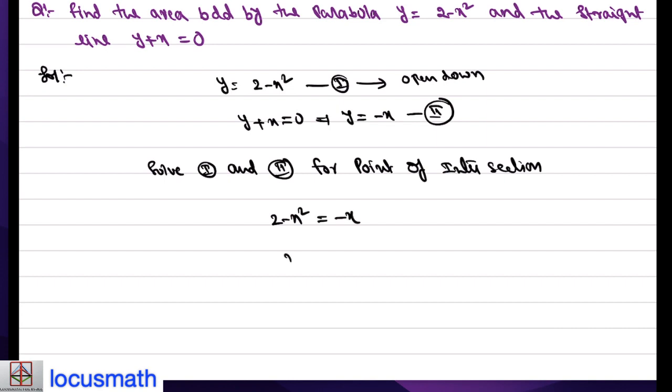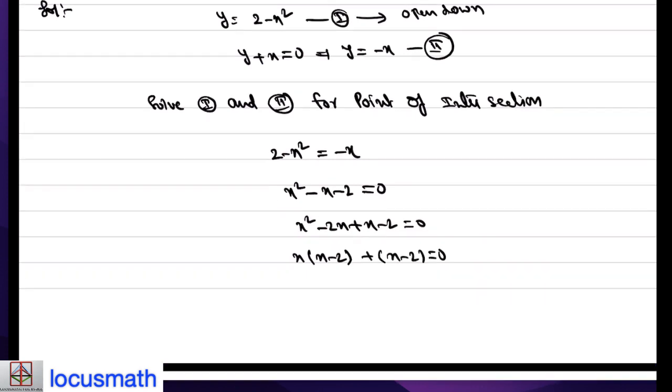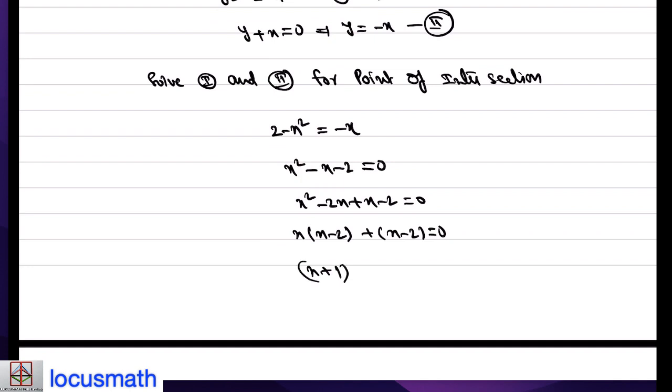Then you get x square minus x minus 2 equals 0. If you factorize, x square minus 2x plus x minus 2 equals 0. Therefore x into x minus 2 plus x minus 2 equals 0. That implies x plus 1 into x minus 2 equals 0. Therefore x equals minus 1 and x equals 2. So these are the points of intersection.